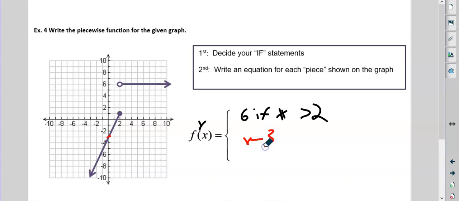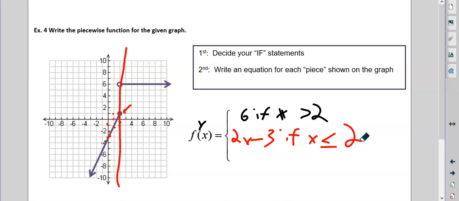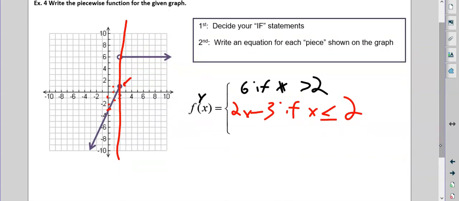So negative 3, what's my slope? Up 2, right 1, up 2, right 1, so that's 2x minus 3. If x, now this is going to the left, so less than, and it's a solid dot, so less than or equal, and again, where is that border wall? At 2, so we put less than or equal to 2, and that is the piecewise going opposite.